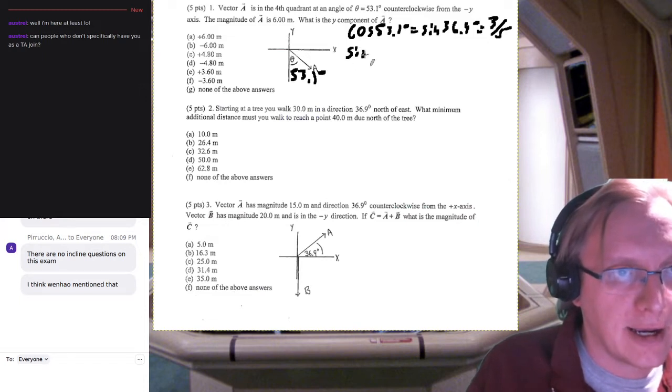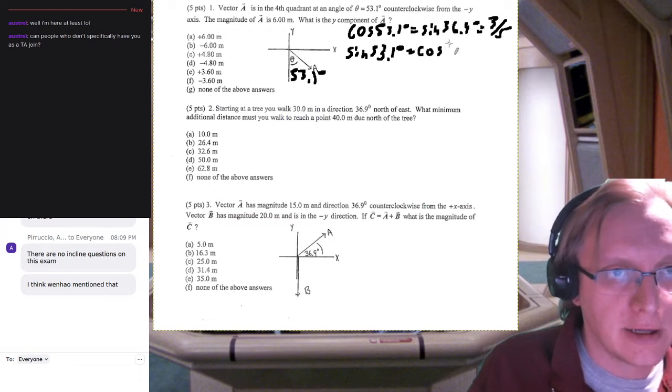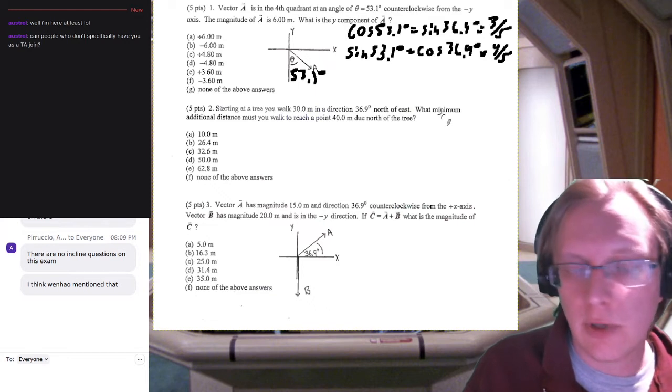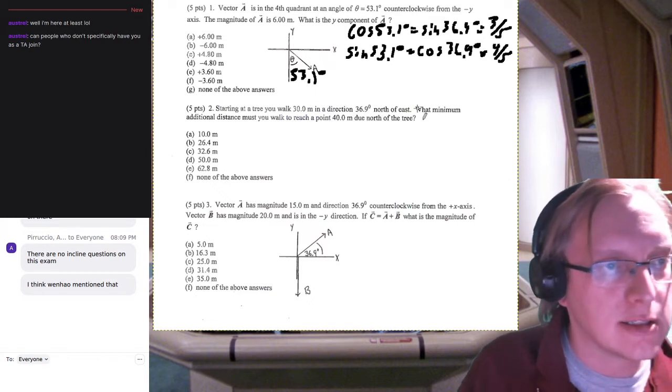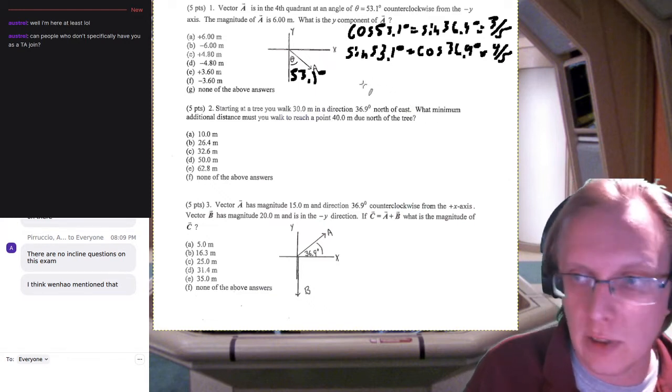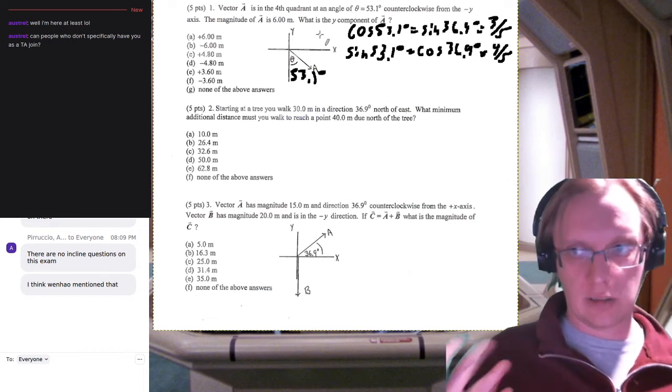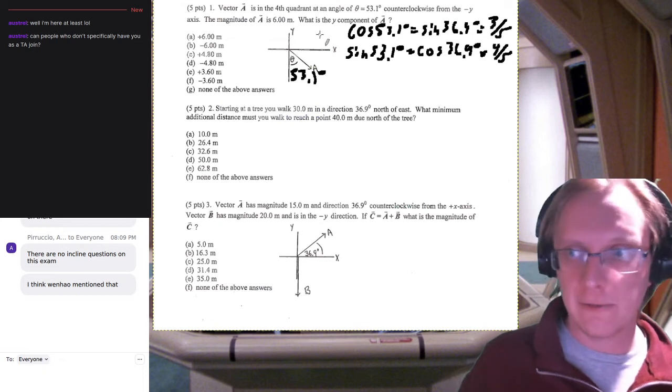And sine of 53.1 degrees is equal to cosine of 36.9 degrees is equal to 4/5. So be aware that those are things, because these are very handy things to be aware of. These are nice round numbers that Dr. Ford is banking on you to be aware of.